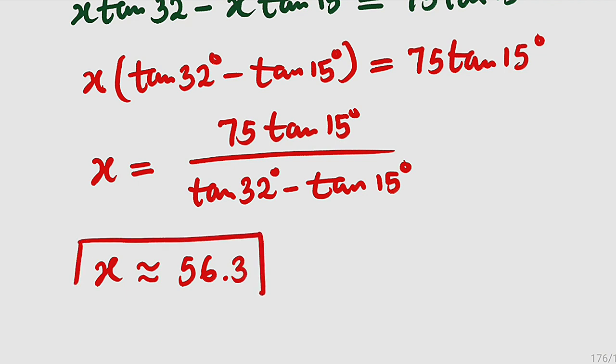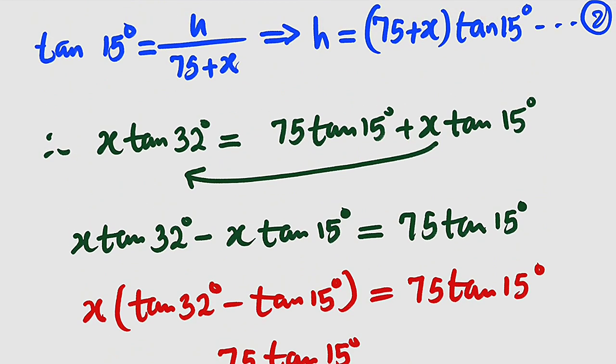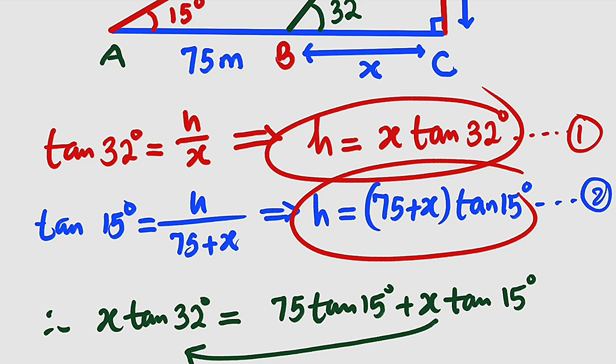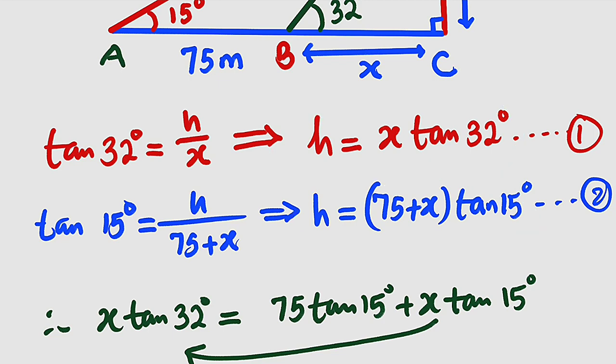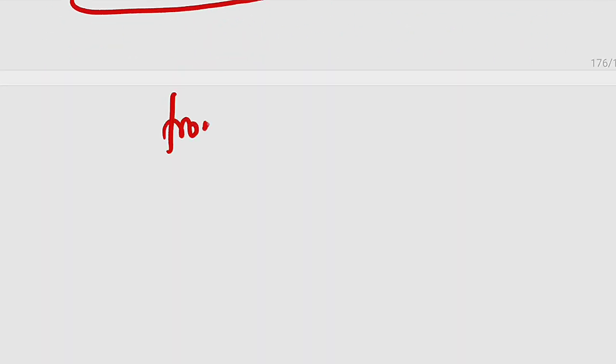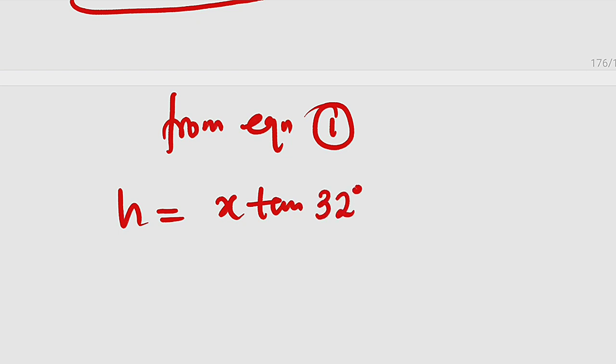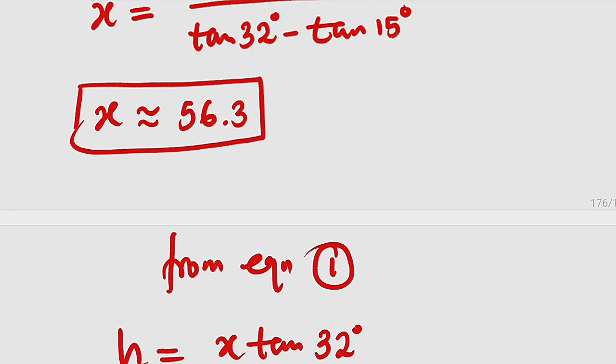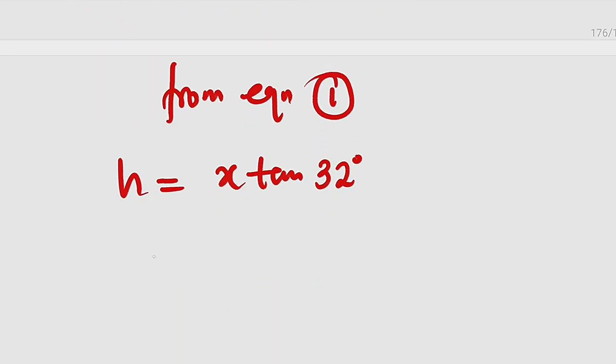But remember, we are not looking for the value of x. I was the one that introduced the x. What we are looking for is the height. And for the height, we can use either this equation or this equation, but I think equation 1 is much simpler. h is equal to x tangent of 32 degrees from equation 1. So h is equal to x multiplied by tangent of 32 degrees, but we have seen that x is equal to 56.3.